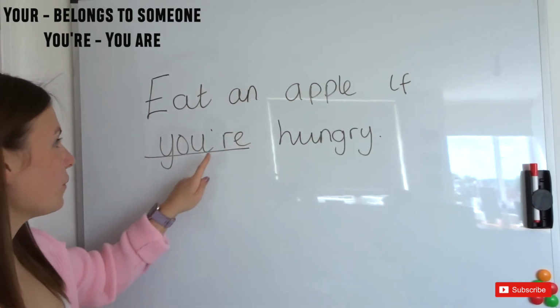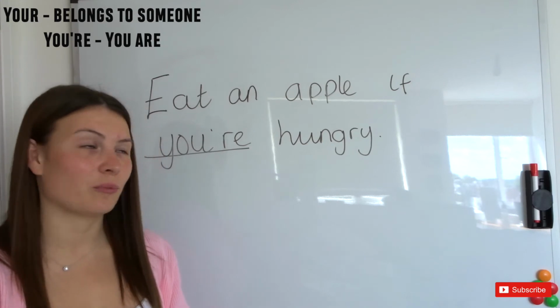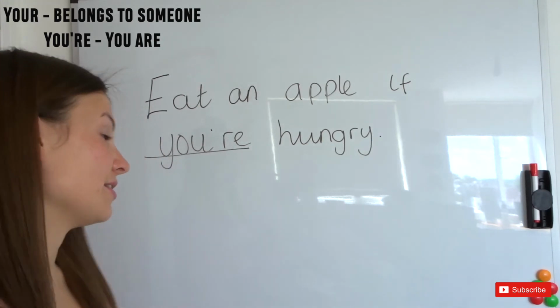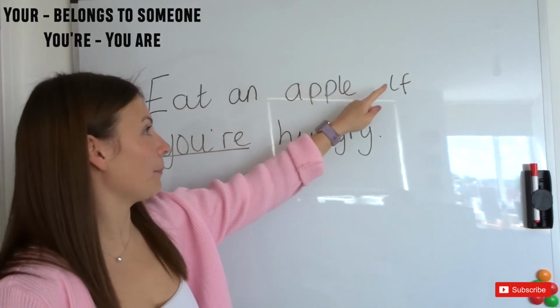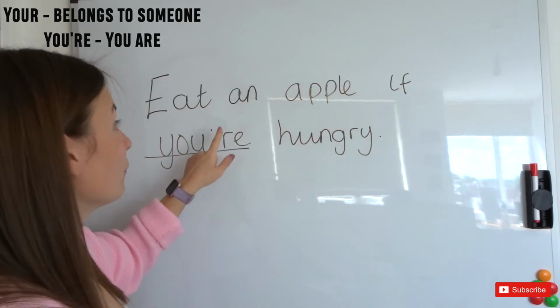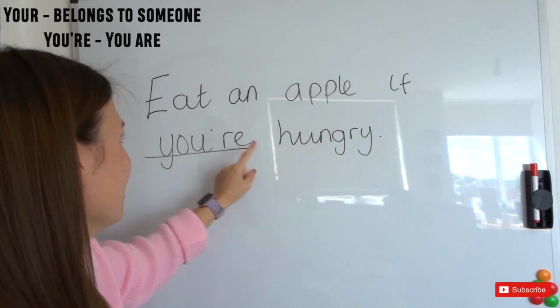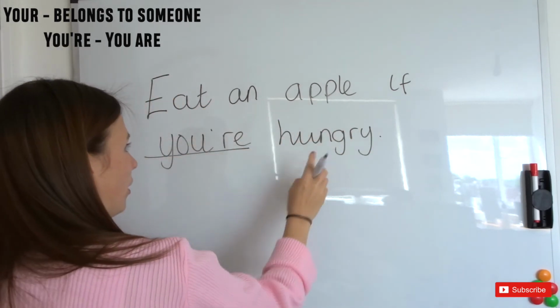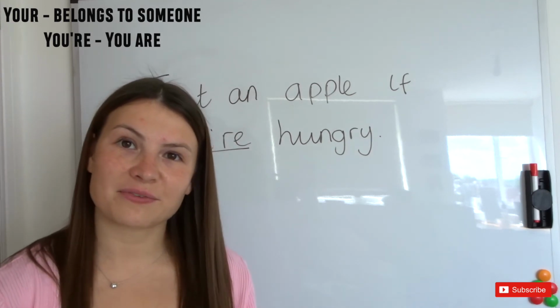So it's this your, it's the contraction word for you are, because look, if we read this sentence, eat an apple if you are hungry. Eat an apple if you're hungry. Well done if you got that right.